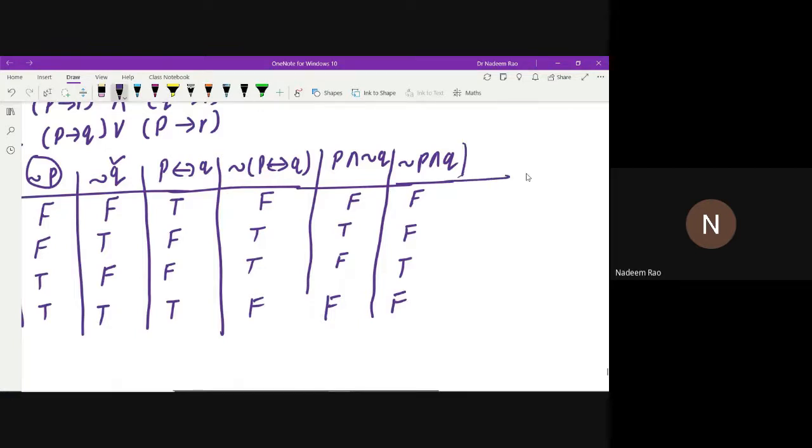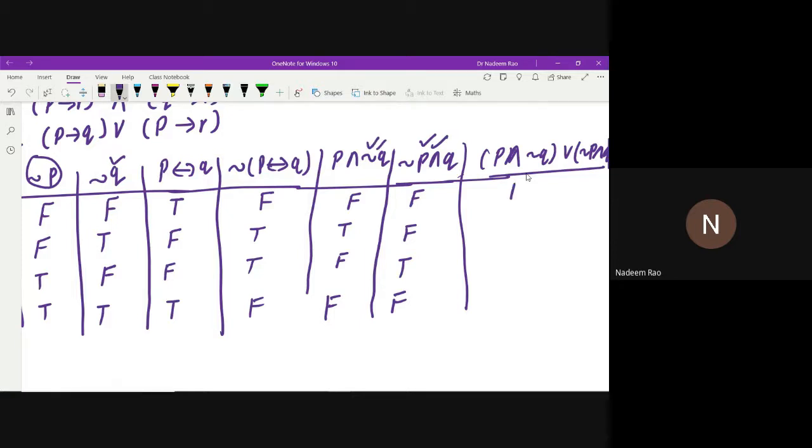So next one is P and negation of Q, or negation of P and Q. Now we find the relation in this one and this one. If one of them is true, then it is true.